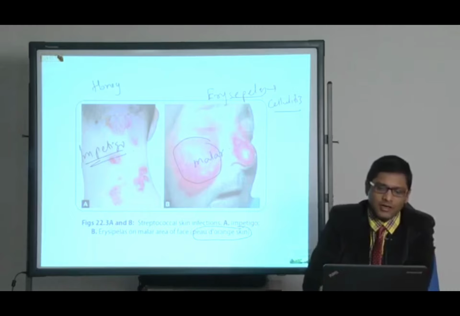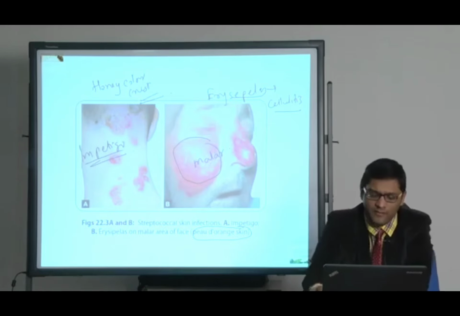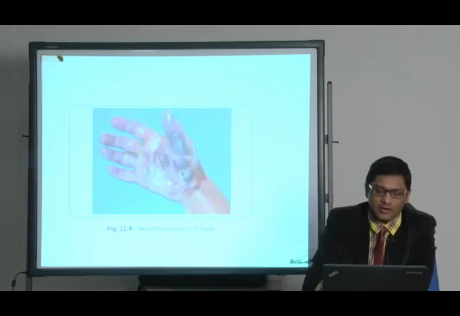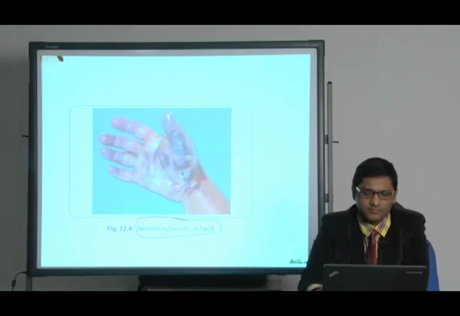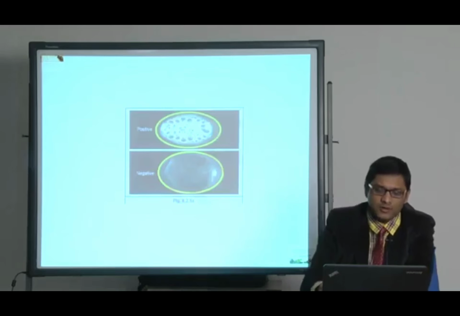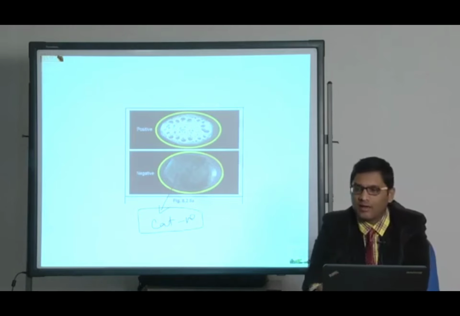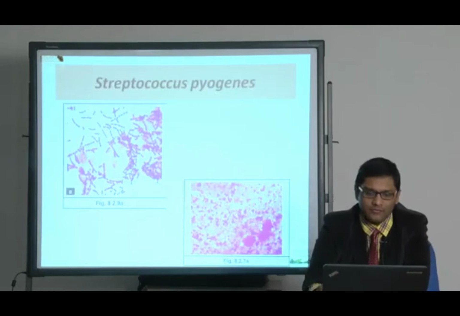Impetigo is characterized by honey colored crust. This is necrotizing fasciitis. And Streptococcus will be catalase negative. All the Streptococci will be catalase negative.